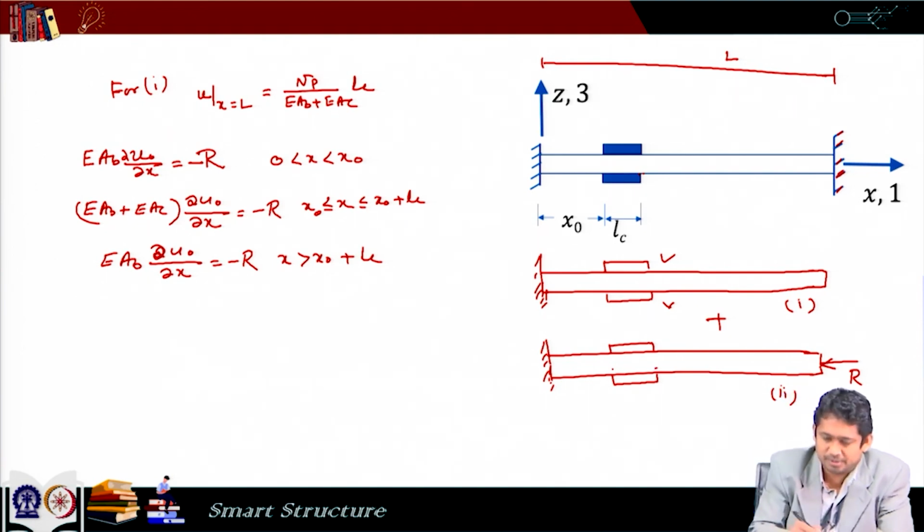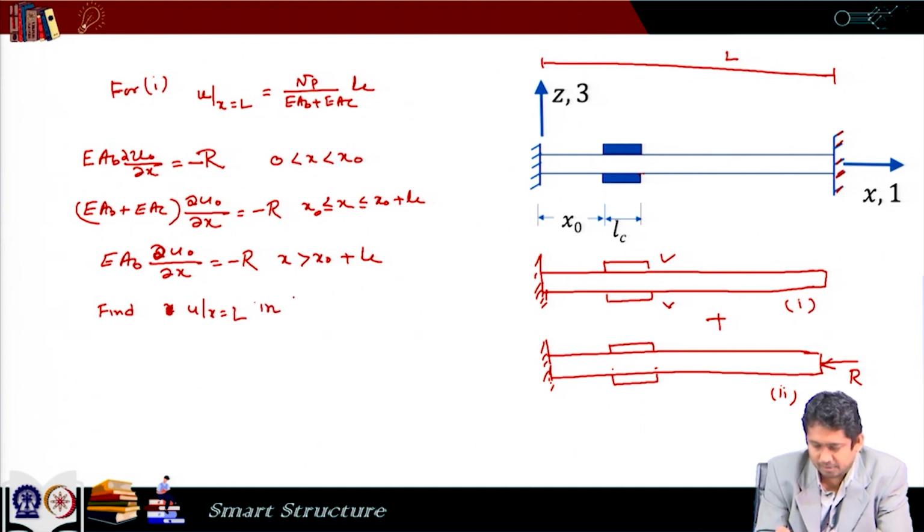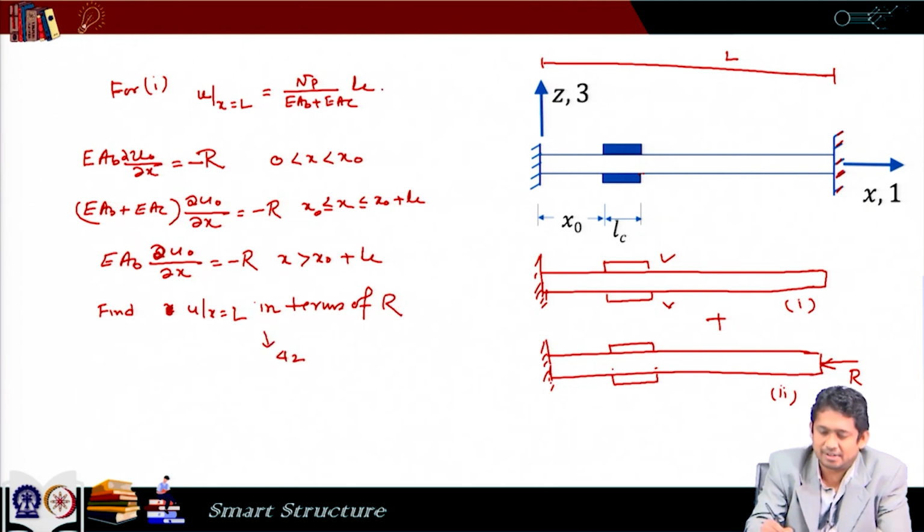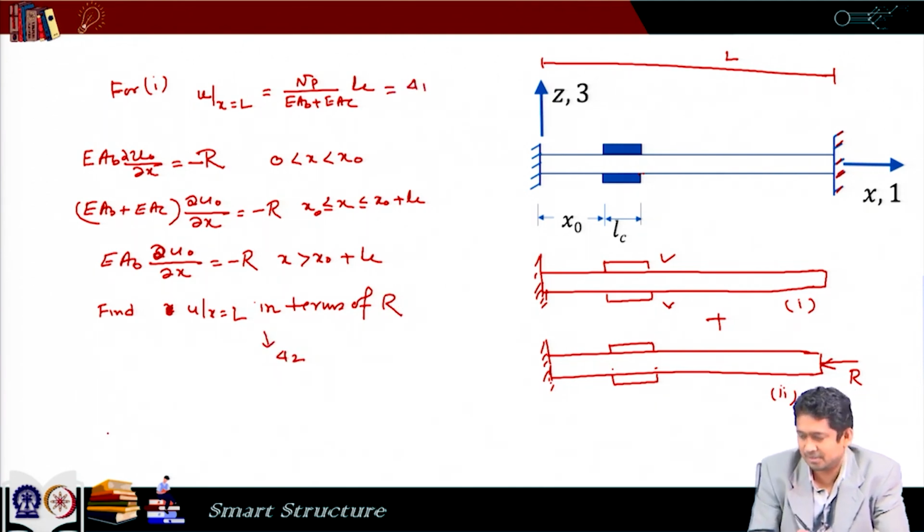All right. So, let us give it a name. So, find u at x equal to L in terms of r, and let us give it a name delta 2, and let us call the other delta 1.